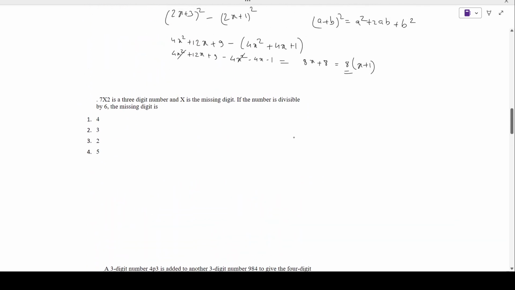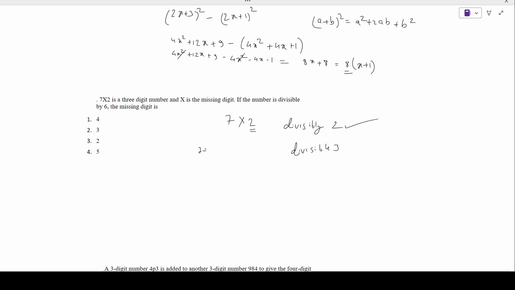So the given number is 7x2. The last digit is even, so it is divisible by 2, and one condition is fulfilled. Next we have to make it divisible by 3. For that, the sum of digits should be divisible by 3.